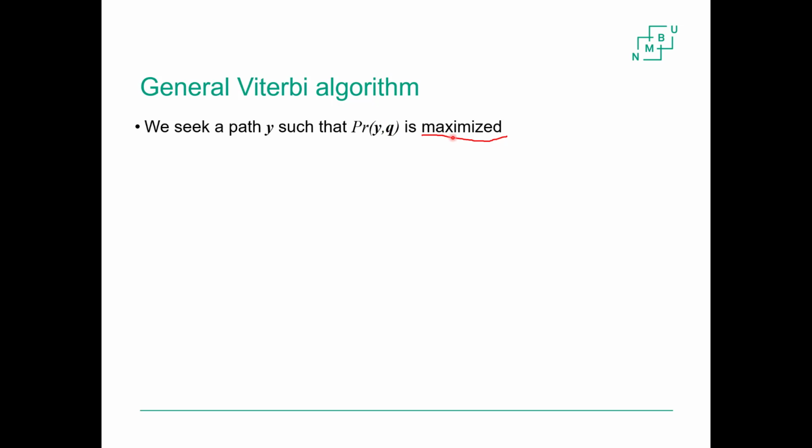And if you remember back to the Smith-Waterman or Needleman-Wunsch algorithms, we also looked for the maximum score, the largest possible score we can find by aligning two sequences. So this is exactly the same thing, finding the maximum of something. And this time it's a probability.